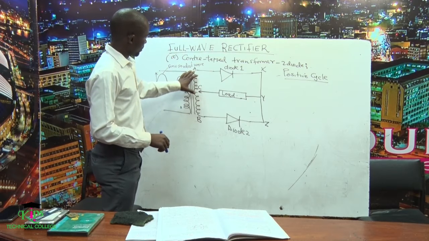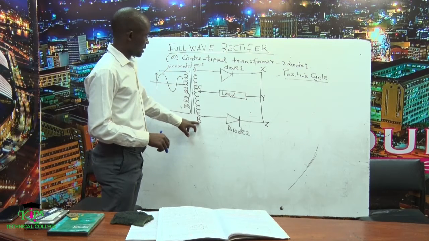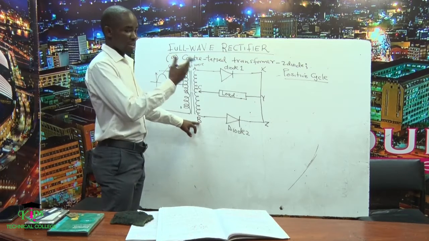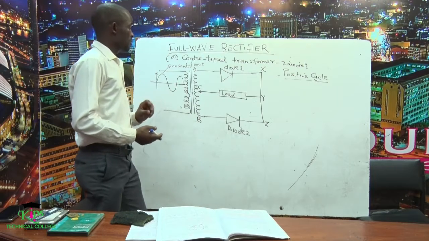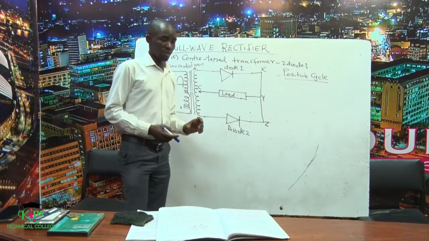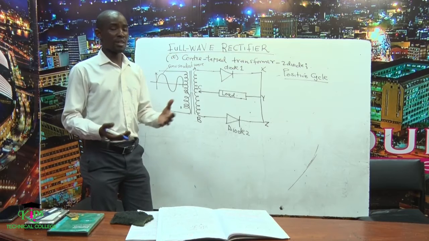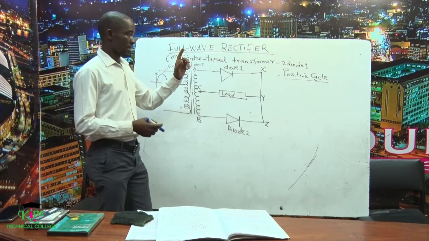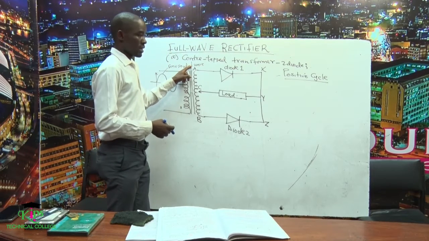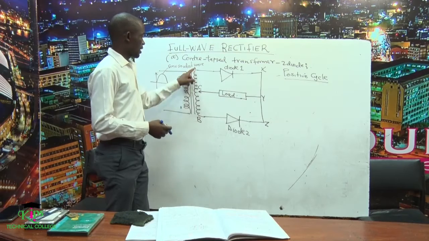You need to tell us the polarities of point A with respect to point B during the positive cycle. And then after you do that, you also need to mention the status of the two diodes. Are they forward biased or reverse biased? So the first thing is you need to tell us the status of these polarities.